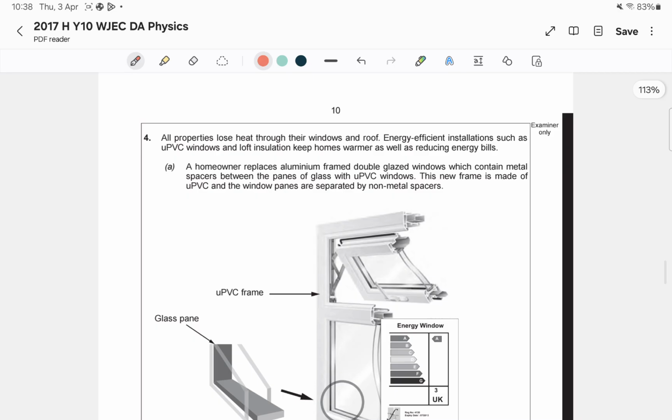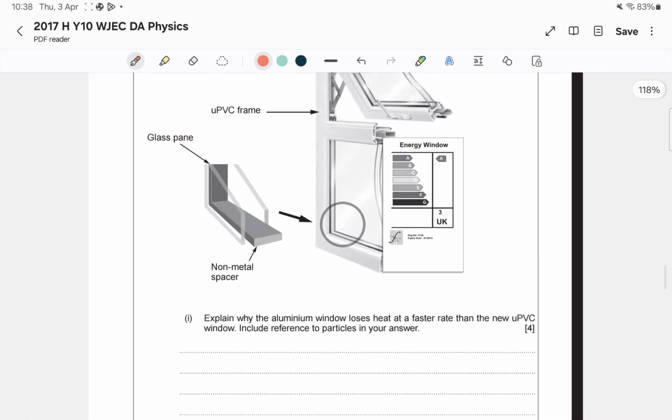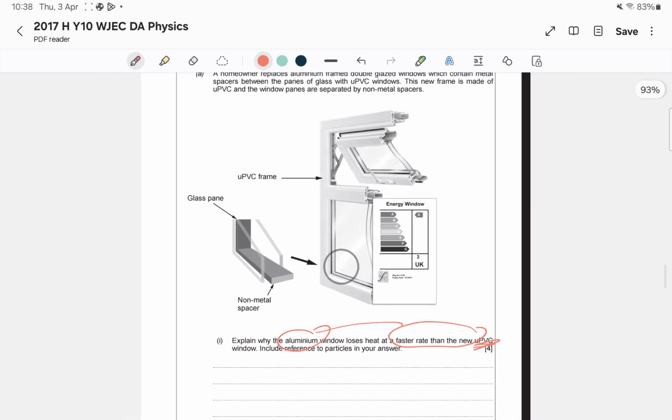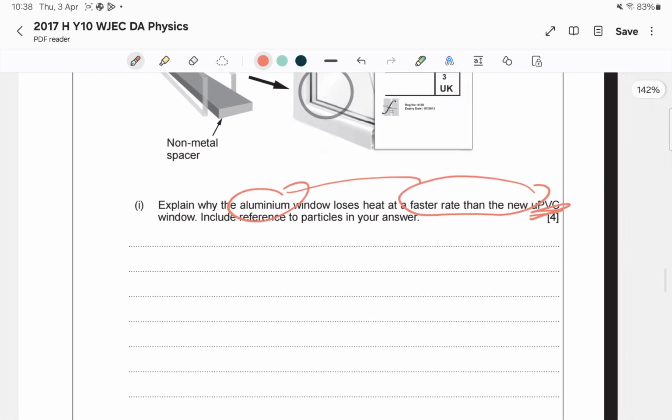Question 4. We've got a heat question. Explain why the aluminium loses heat at a faster rate. So it's something to do with aluminium, and we've got to mention why it's faster than plastic. So this is a conduction question, okay? We're talking about the frame. Let's have a think then. How will I answer this?